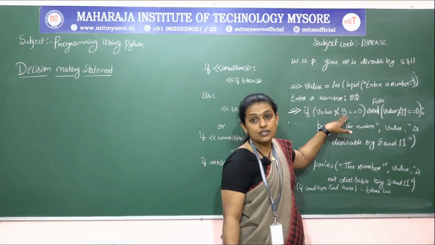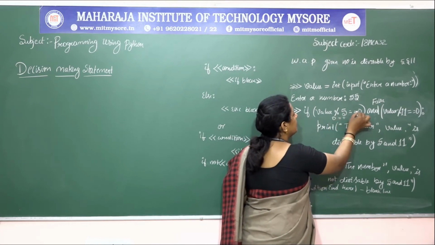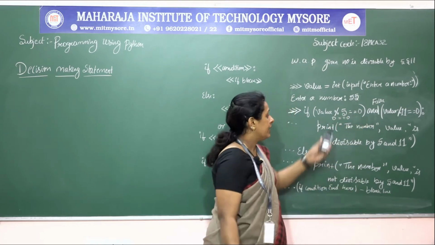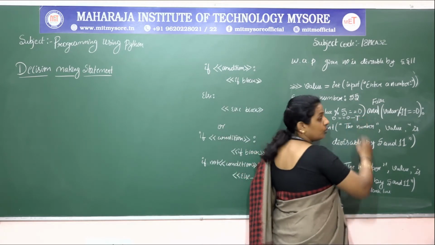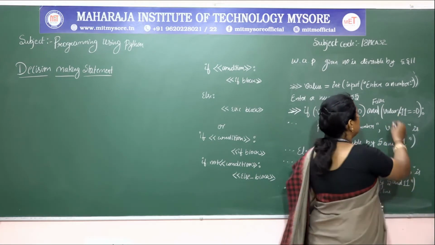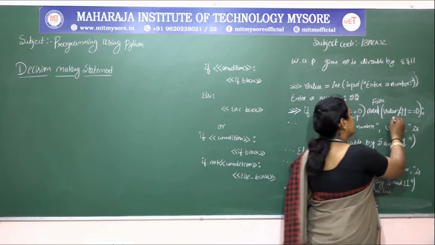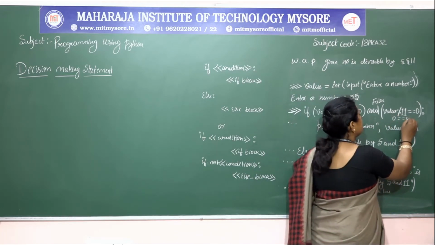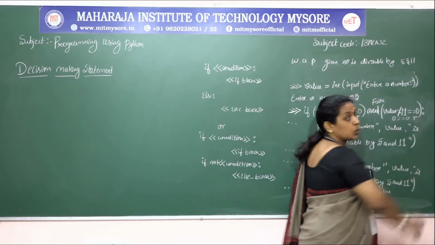Then 55 modulus of 5 is 0, and this will be compared with the value 0. Yes, both are satisfied, so we will get true. Next, 55 modulus of 11 is 0, and that will be compared with 0. Yes, this condition is also true.